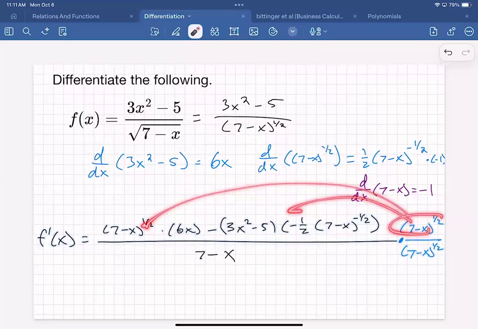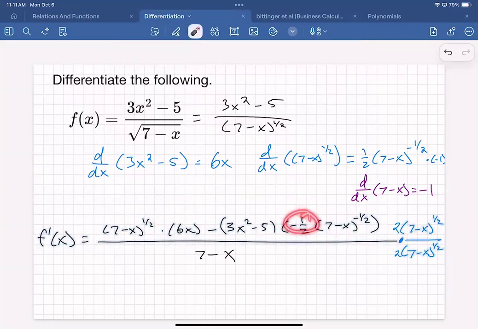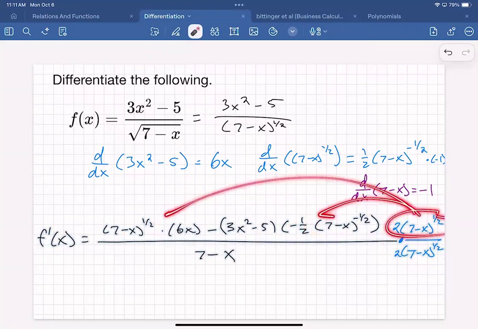I would also say to make sure you multiply by 2 times that, just to make it even more straightforward. That way we can get rid of that 1/2 as well. Because we have a 1/2 here, we're going to multiply by 2 on top and bottom. Because this has a negative exponent, though, that's definitely why I'm dealing with it in this perspective. But just make sure to see again up here at the top, we're going to distribute it to both terms.